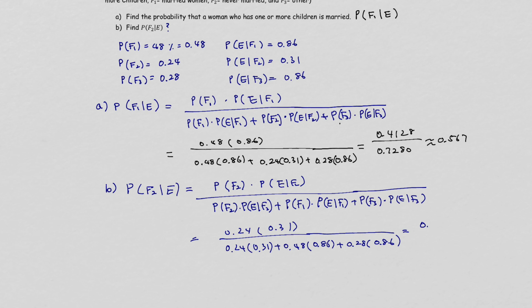The numerators change, but the denominator will be the same because that will be the same value as this, right? This gives you approximately 0.1022. And this is how you're going to use Bayes' theorem to figure out some probabilities.